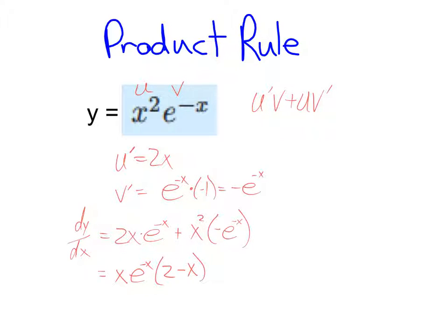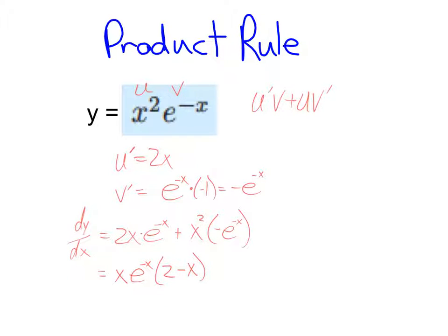Now, think back to what we were doing in the IP. If I wanted to see where this equaled 0, what x's are going to make this equal 0? 2 and 0. I get the 2 from this factor, I get the 0 from this factor. This factor, would it be 1 or negative 1?